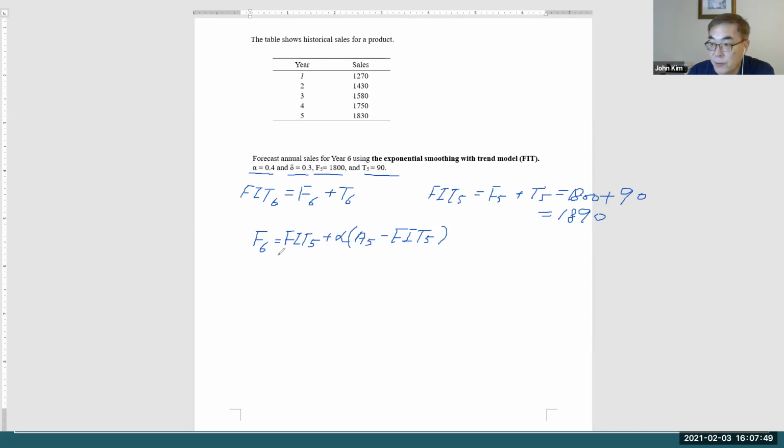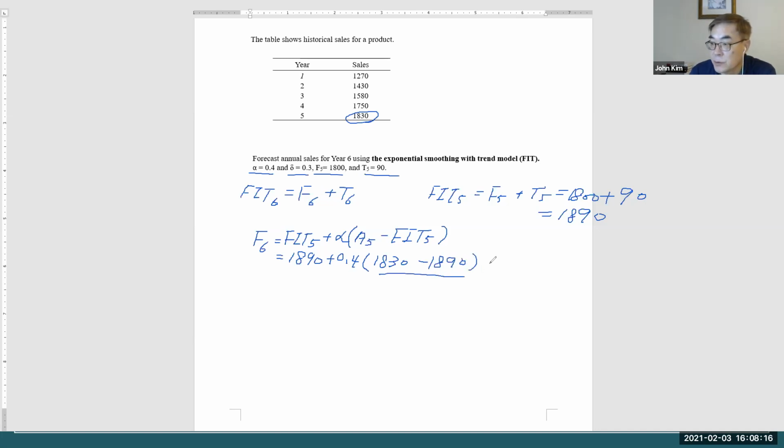So FIT5 equals 1890 plus alpha 0.4 times A5, which is 1830, minus FIT5, 1890.